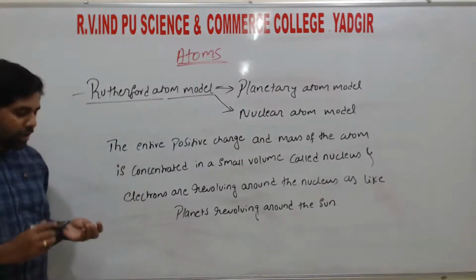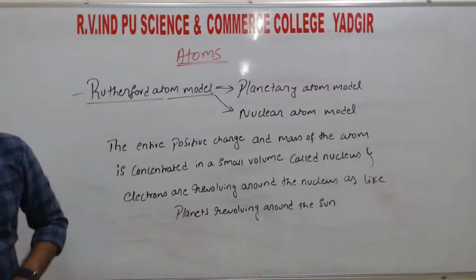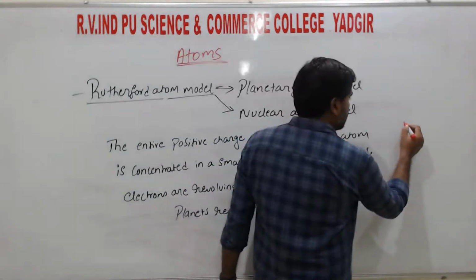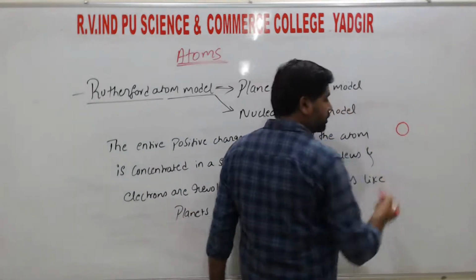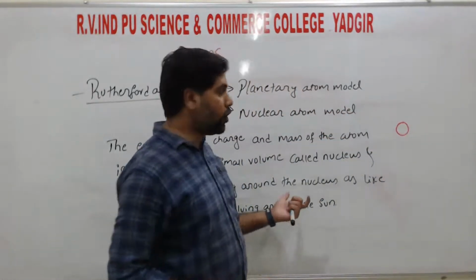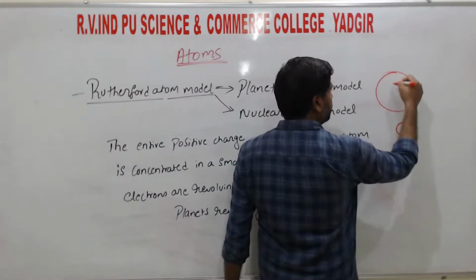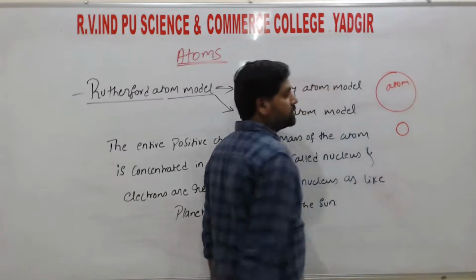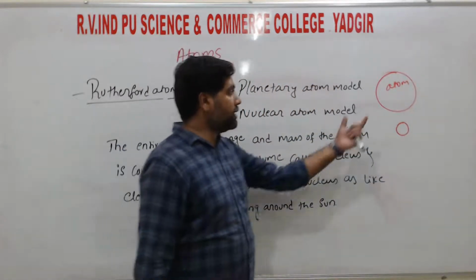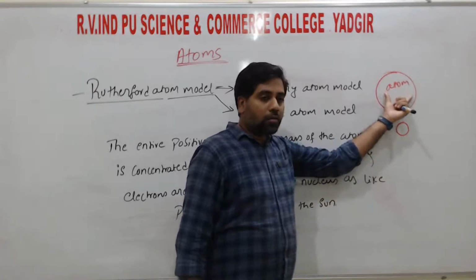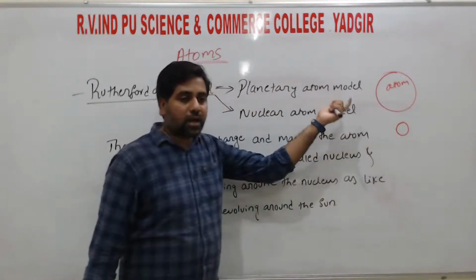Right? So, according to this theory, the total number of positive charges, and if we consider this as one atom, in this atom we have the positive charges, and the atom also has mass.